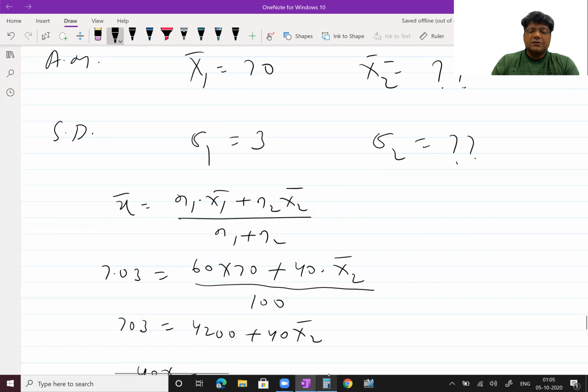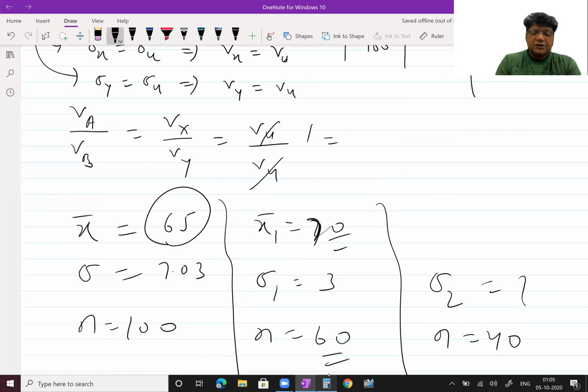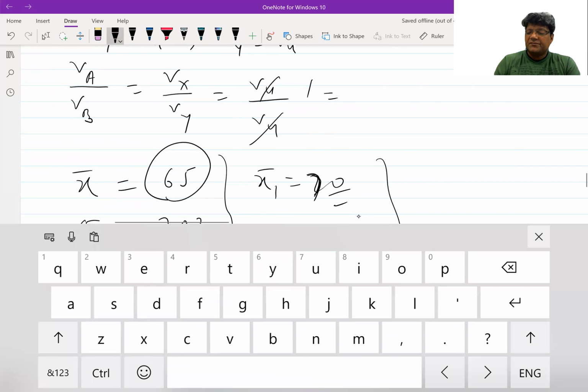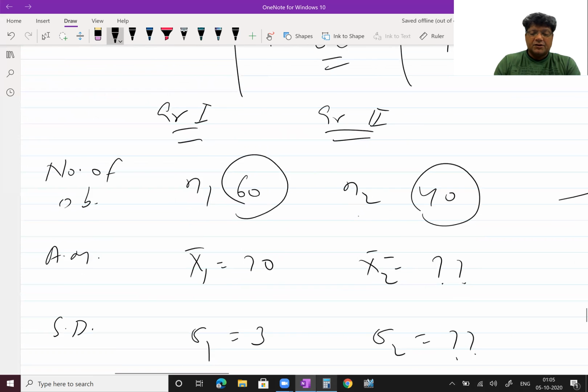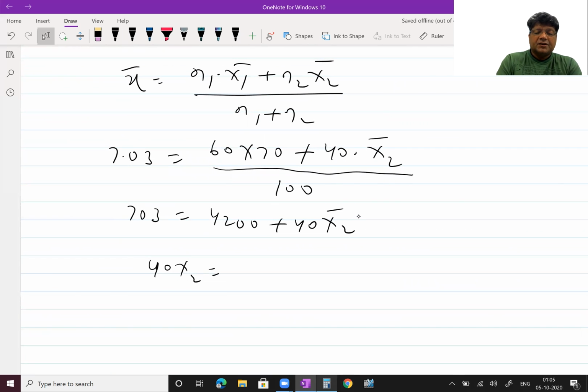Guys, the mean is 65. Wait, the combined mean is 65; 7.03 was the value of SD. How I understood it was wrong, because our X2 bar was coming out negative. So this is 100 into 65, which is 6500. It's correct.